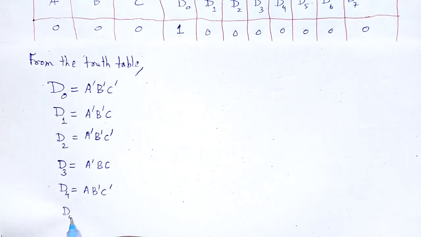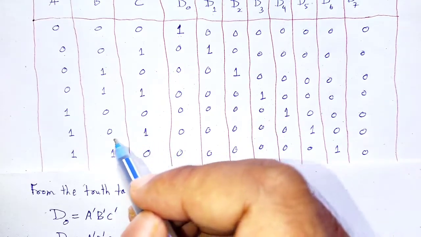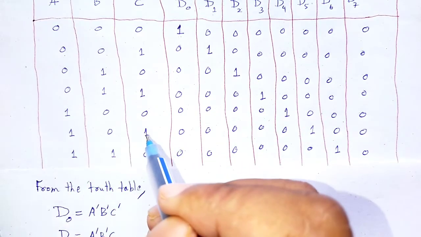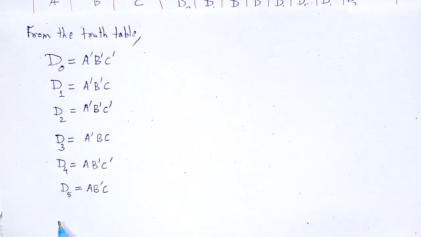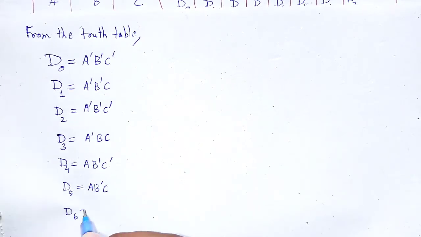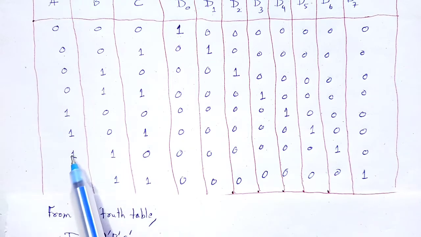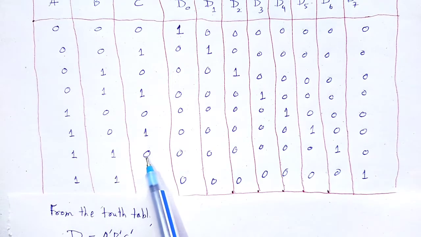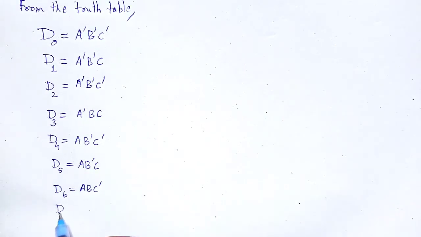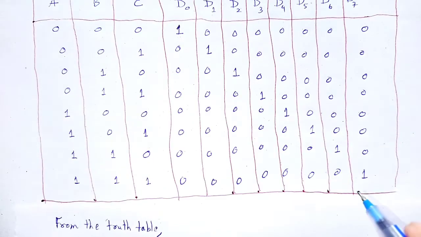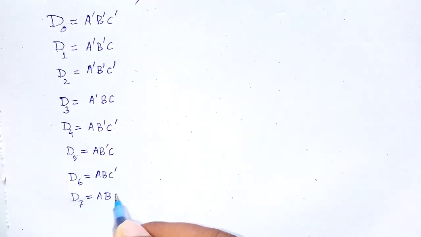Next D5, 1, for inputs 1, 0, 1: A, B dash, C. D6, 1, for the inputs 1, 1, 0: A, B, C dash. Last one D7, 1, for 1, 1, 1: A, B, C.